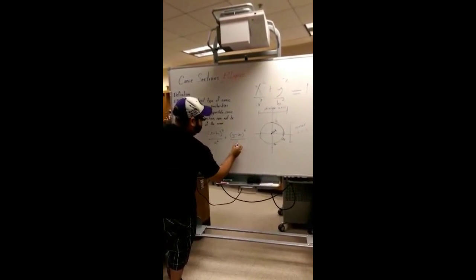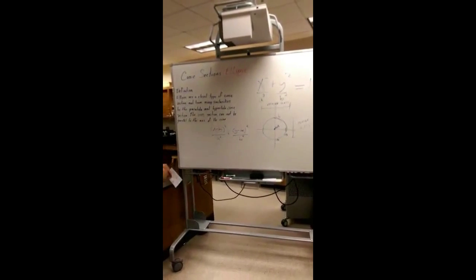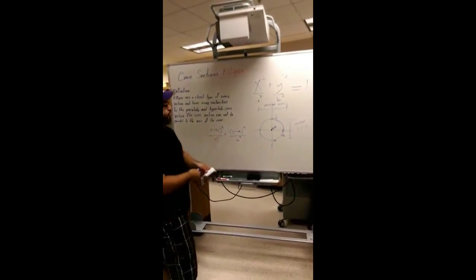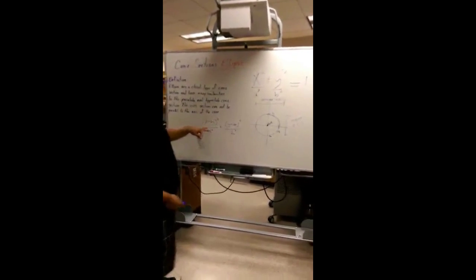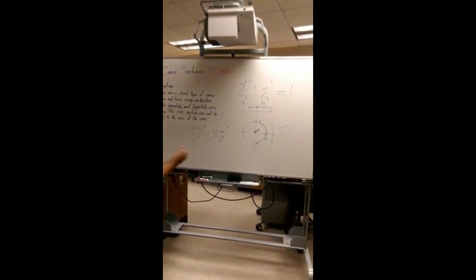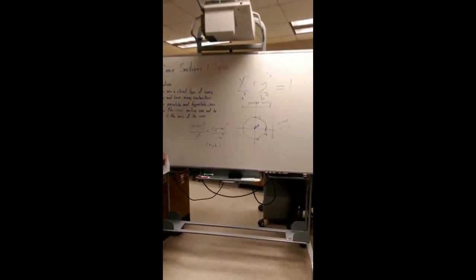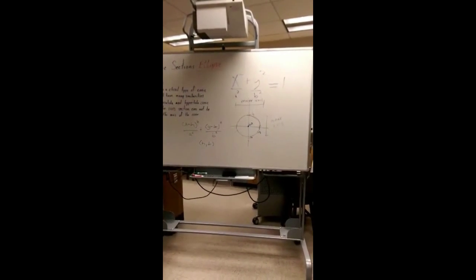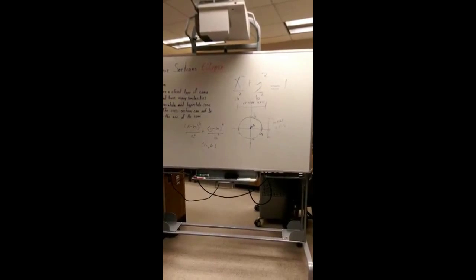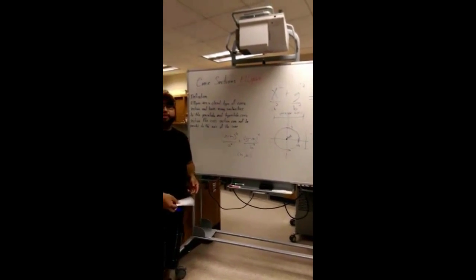Sorry for my ugly handwriting. So if it's not at the origin, and if it's at a different point, then it's going to look like this equation. But the h and the k are going to be the center of the ellipse. And that's pretty much the basic information that you need to know about the ellipse.